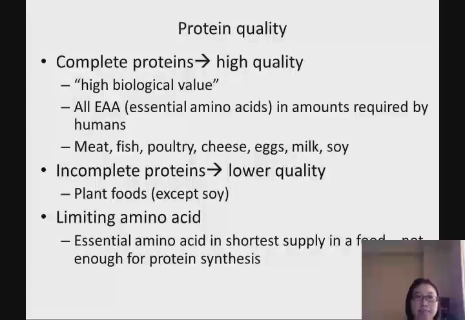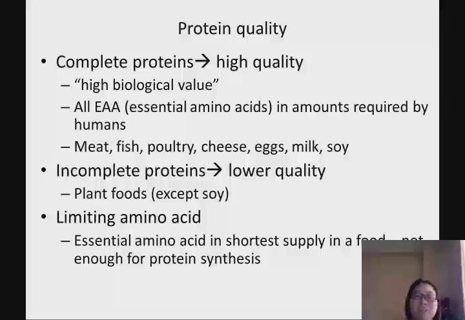When a protein is high quality, with high biological value, we call it a complete protein, because it has all essential amino acids in amounts required by humans, like fish, meat, poultry, cheese, eggs, milk, and soy products. In plants, only soy is a complete, high quality protein.